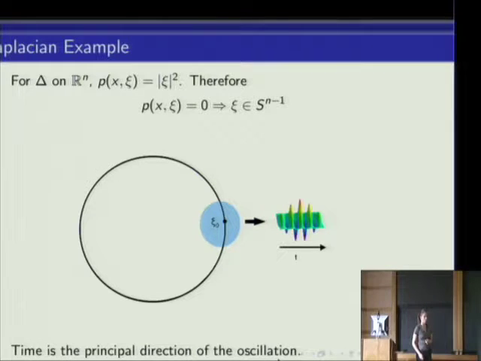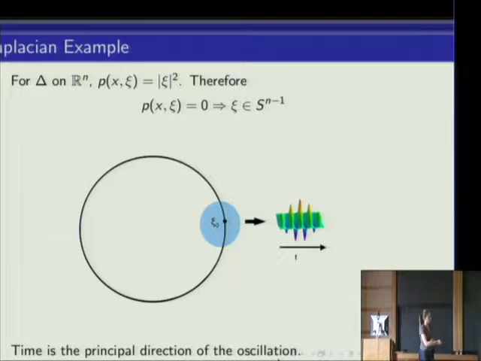Just to show you what this would look like for the Laplacian, consider localized quasimodes for the Laplacian on Rn. When the symbol is 0, that means xi is on the sphere of radius 1. So these are the xi for which the symbol is 0. You pick some xi naught and put a cutoff function around it. Consider a local number of frequencies that are close to xi naught.